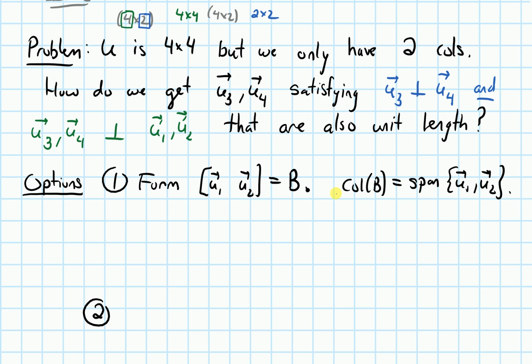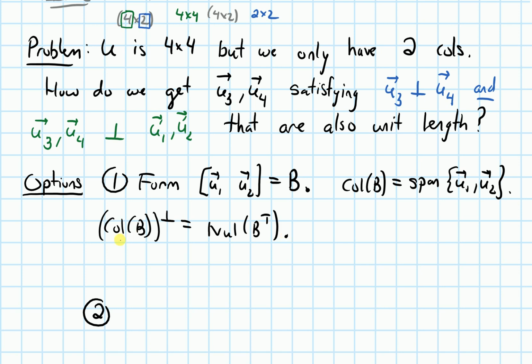Okay, so if I want to get some things that are orthogonal to the column space, let's take a look at what the column space of B perp is. Using one of our theorems from our chapter on orthogonality, the column space of B perp is the same thing as the null space of B transpose.